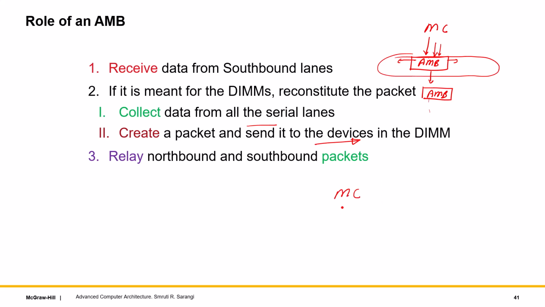If I were to explain once again with a different set of words, you have these AMBs, they are connected one after the other. So any, let's say, packet that comes southbound, it could either be destined for the current DIMM of which the AMB is a part. Then what you do is you reconstitute the packet and you send it.